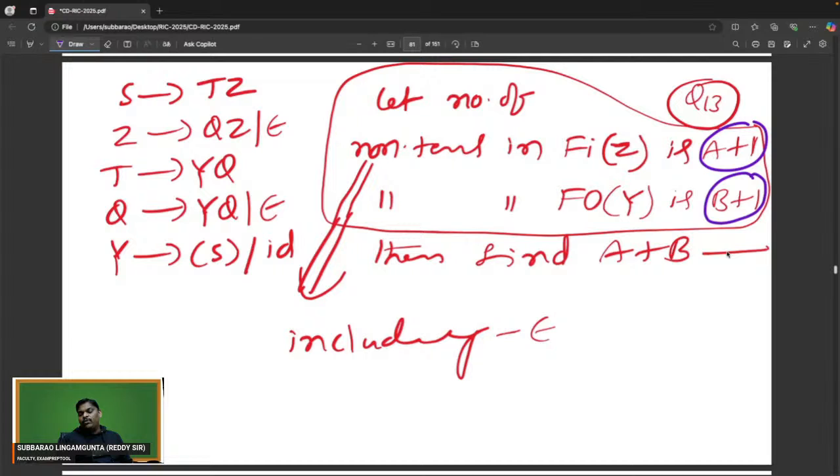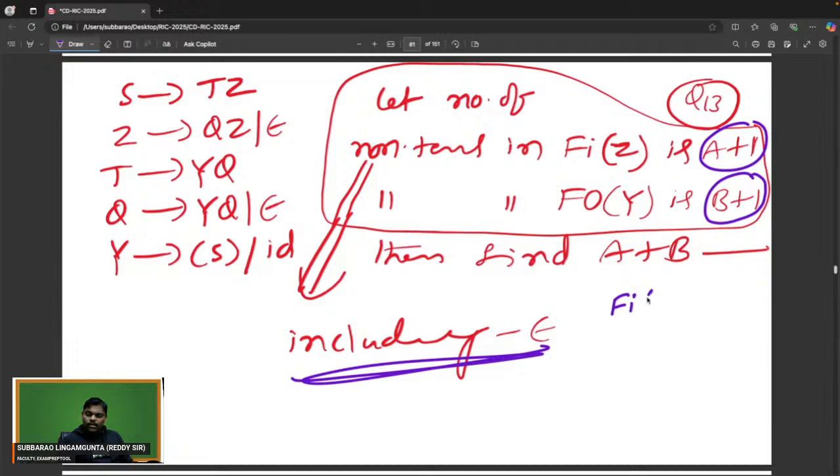First of all, find out first of Z and follow of Y. Calculate first, remembering to include epsilon, because he mentioned including epsilon. If epsilon is there, count it.